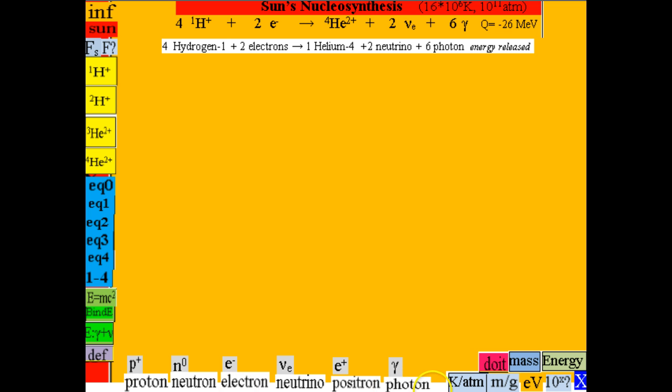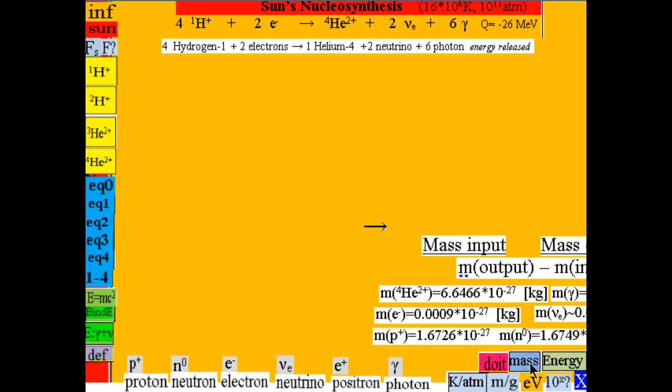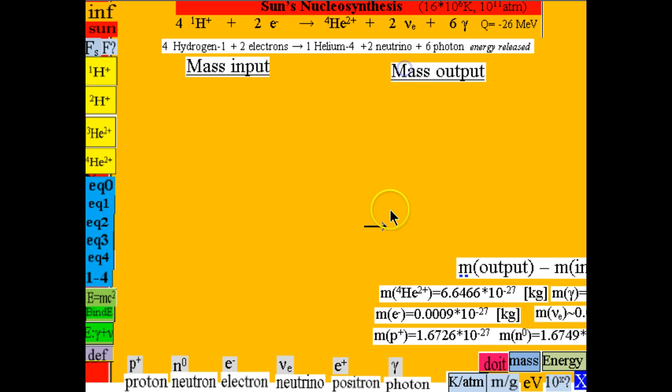To answer this question, we double left-click on the blue button mass, and we call this the mass input, what we put in, and this is the mass output.